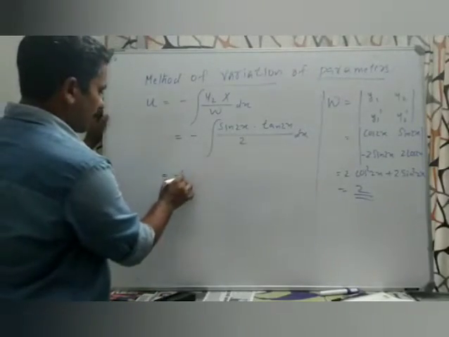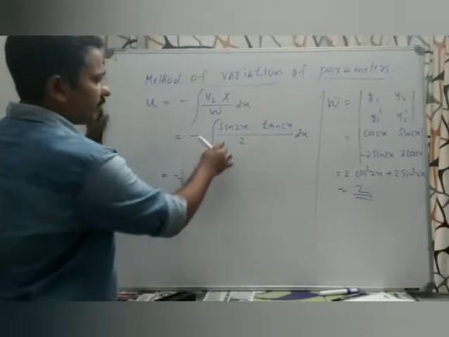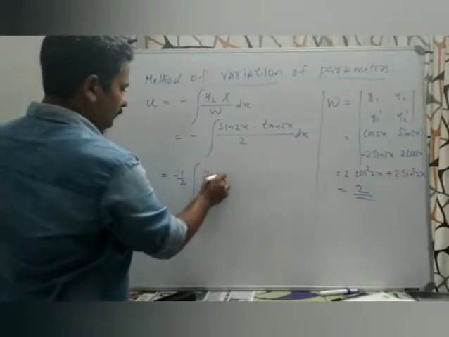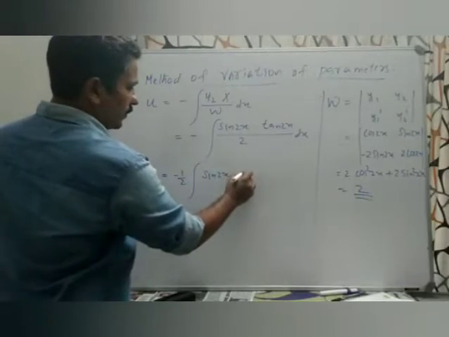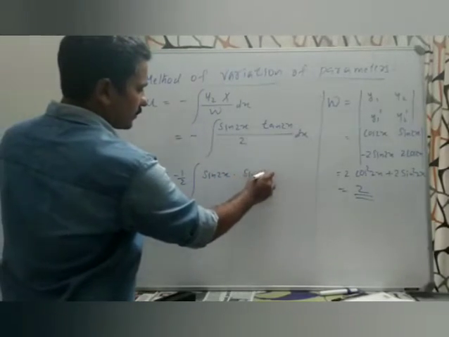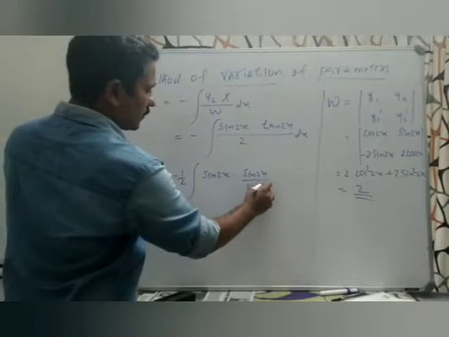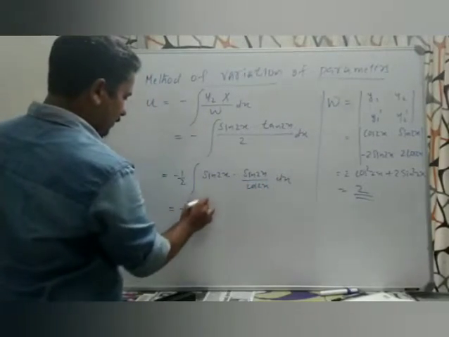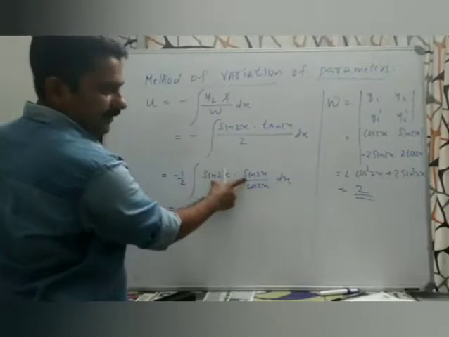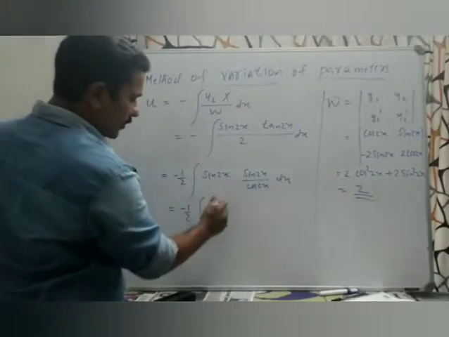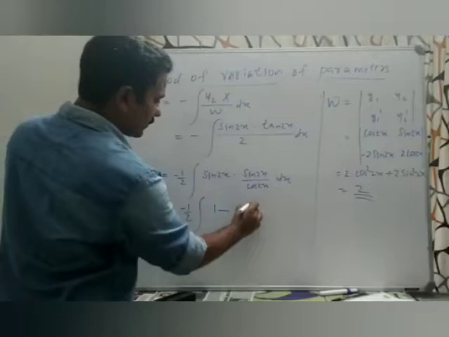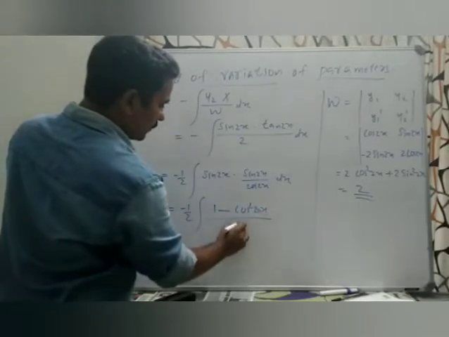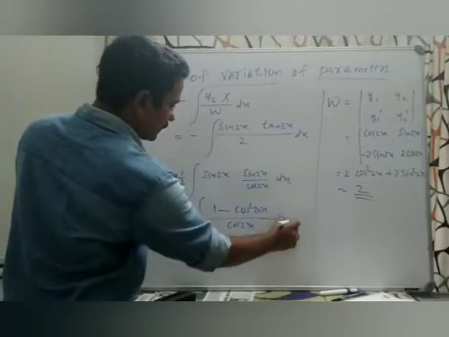So integral of, we write tan 2x as sin 2x over cos 2x. This is going to be sin square 2x, and you can write sin square 2x as 1 minus cos square 2x over cos 2x.